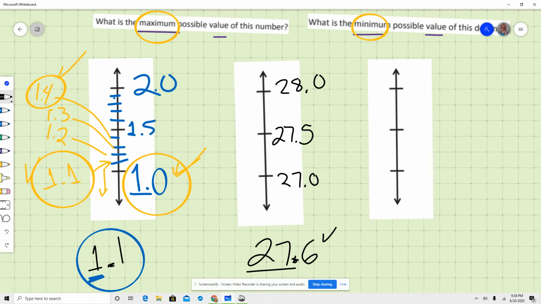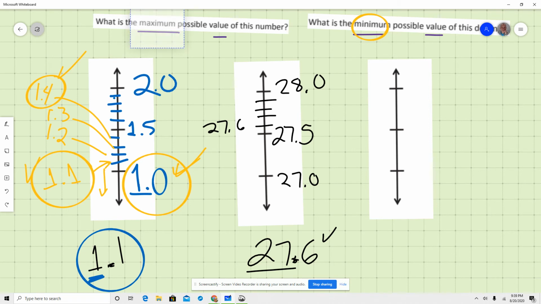Okay? Now we're going to find the place for 27.6. And you can clearly see 27.6 is right here. Now, this is going to be 27.7, 27.8, 27.9, and then we have 28. Okay, now here's the question again. Let me erase what I did a little bit ago.